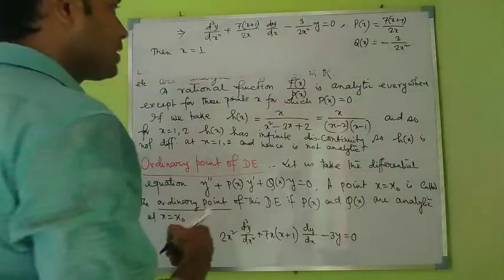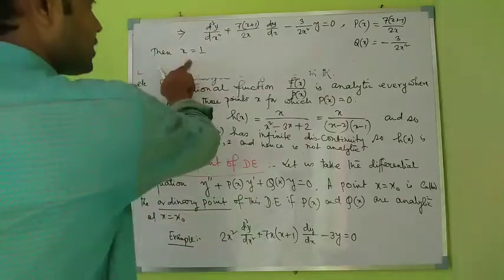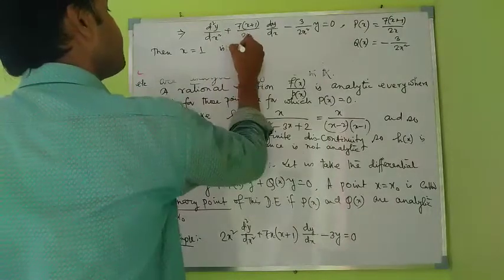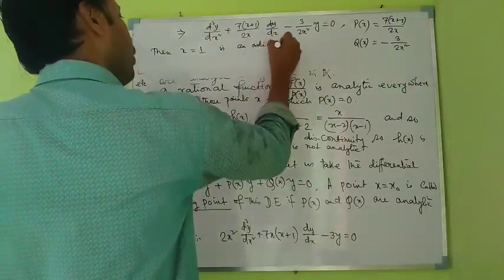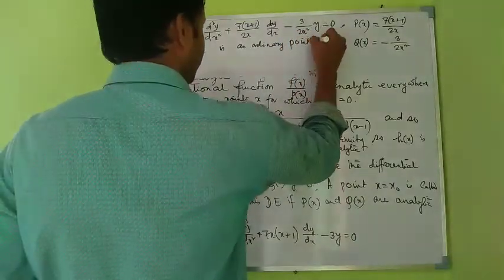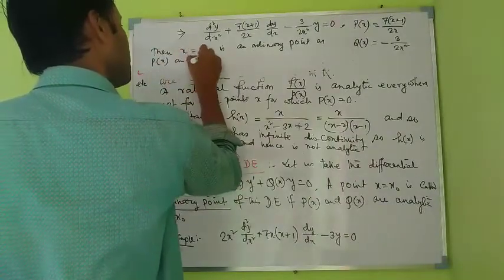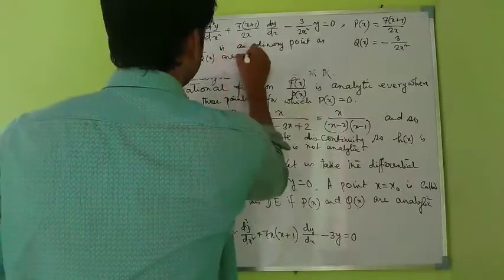So both p(x) and q(x) are defined at x is equal to 1, so x is equal to 1 is an ordinary point as p(x) and q(x) are differentiable there.